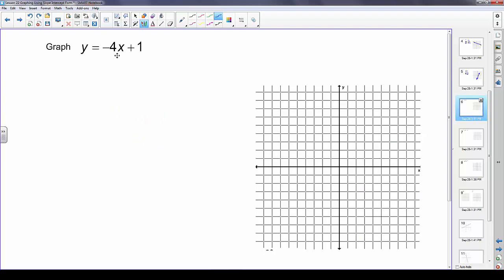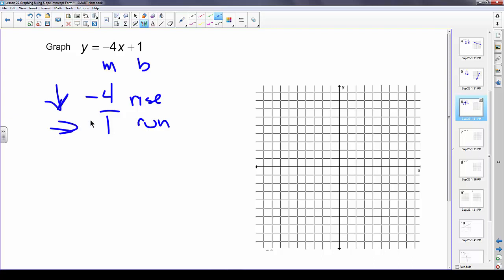Likewise here, we have a slope of -4 and a y-intercept of 1. Negative 4 can be written as negative 4 over 1. So that's our rise over our run. This tells us to go down 4, to the right 1. And we'll do all that starting from positive 1 on the y-axis.